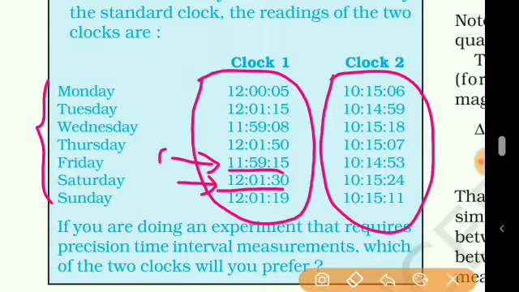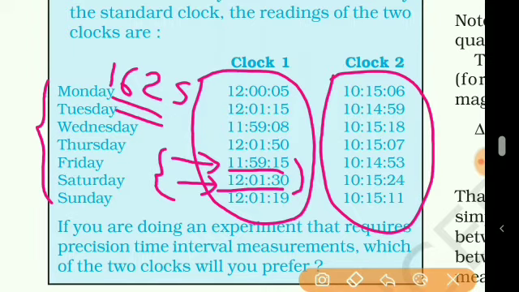If you take the difference between this minimum and the maximum observation, you will find that the difference is 162 second. You can check these two readings; sit with a rough notebook, a pen and a calculator and calculate this. You will find this as 162 second.